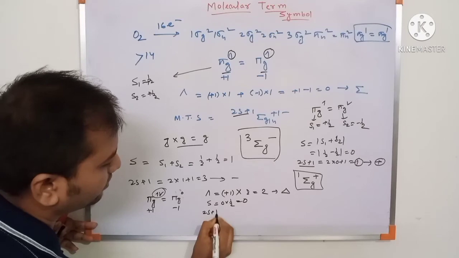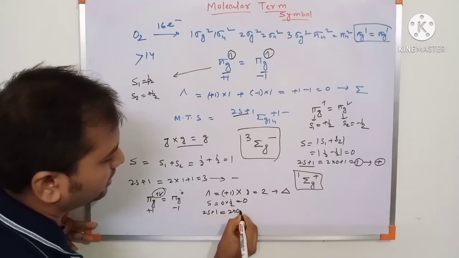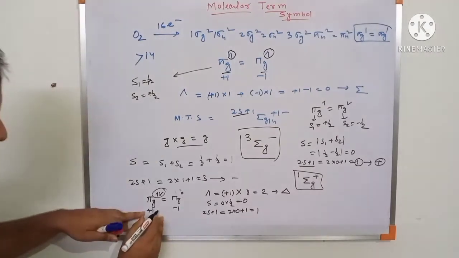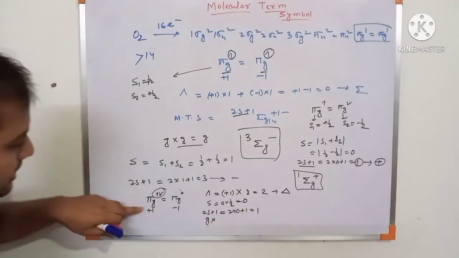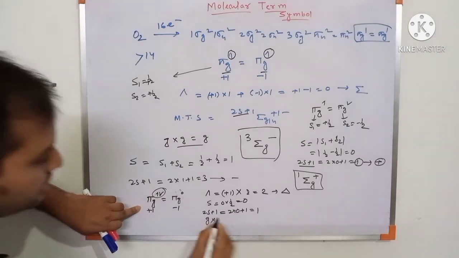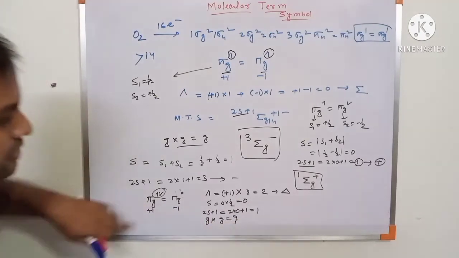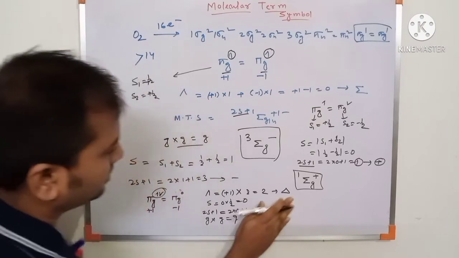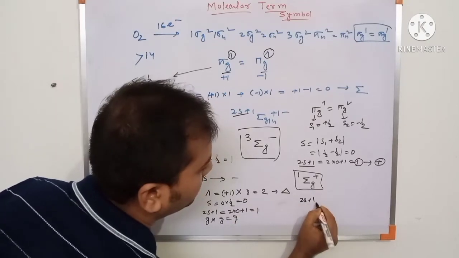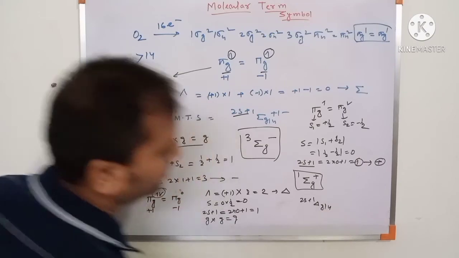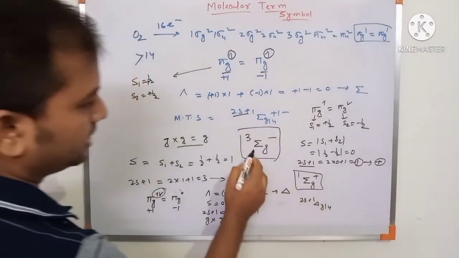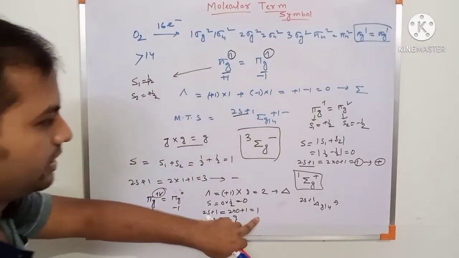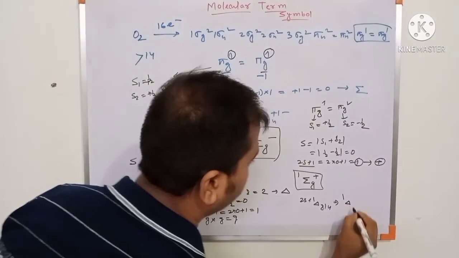So 2S plus 1 equal to 2 into 0 plus 1 equal to 1, and g into 2 electrons, g into g, so g. So the molecular term symbol is 2S plus 1, delta, g or u, not plus or minus because the sigma is not there. So 2S plus 1 value 1. So 1 delta, this is g.